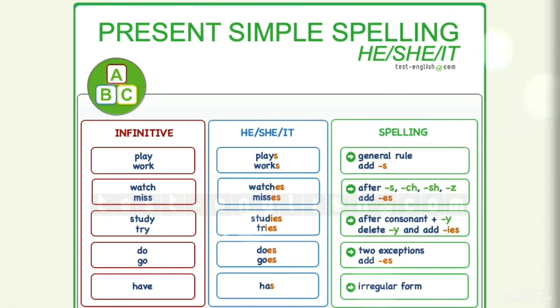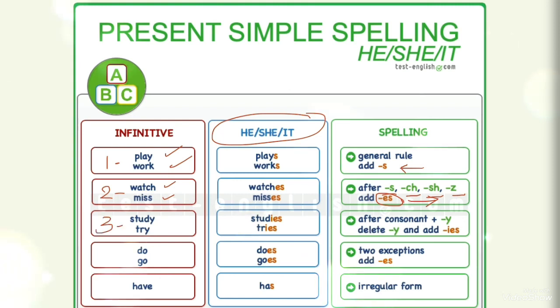So again, my dear students, if we start from the beginning here, number 1, if I have play or work, they are regular verbs. So this is the general rule. I will put S with he, she, and it. If I have verbs like watch or miss or any verb that ends with S, CH, SH, or Z, it will be changed into ES when I use it with he, she, and it.